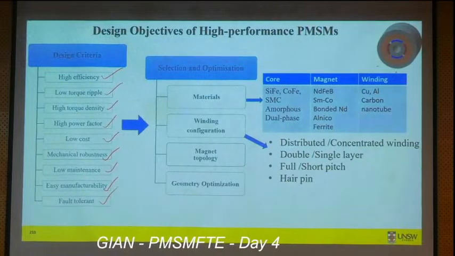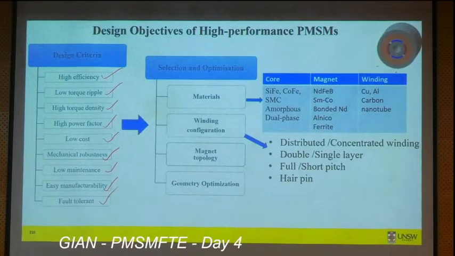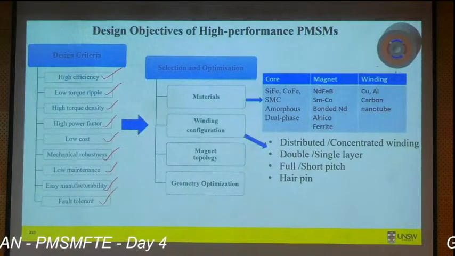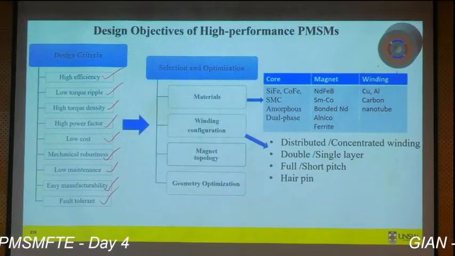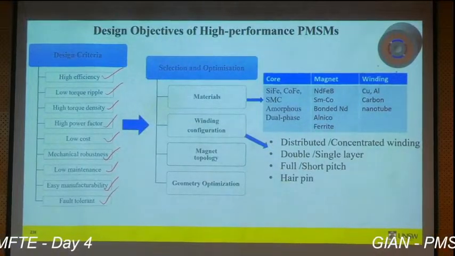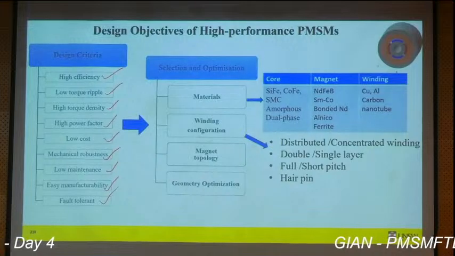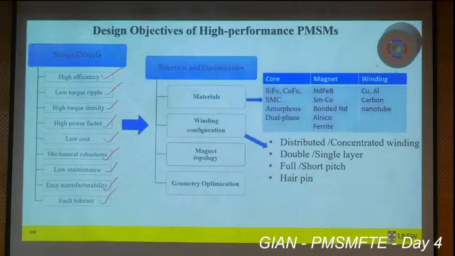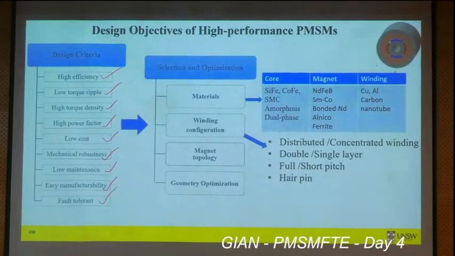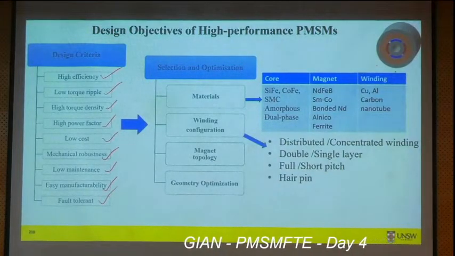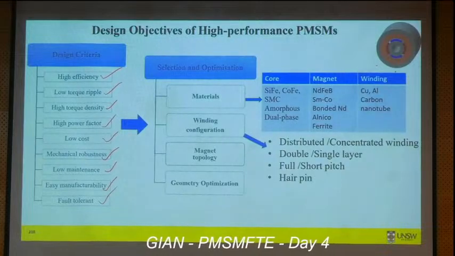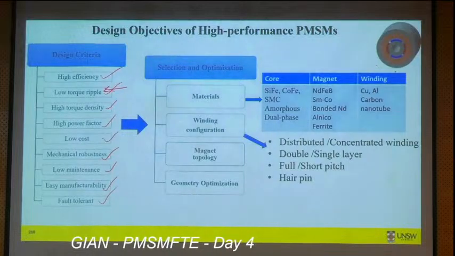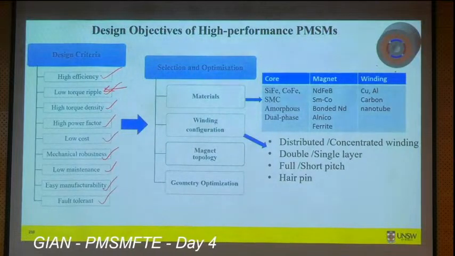Okay, sometimes if you are achieving very high efficiency, maybe you have to then compromise on cost. You may not get low cost. The cost will be high. Okay, so it may not be possible to achieve everything together. Another example of that sort of trade-off is that when you are trying to reduce torque ripple, you may also be reducing the average torque.